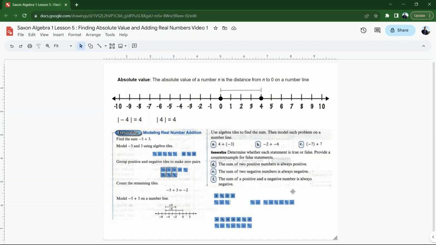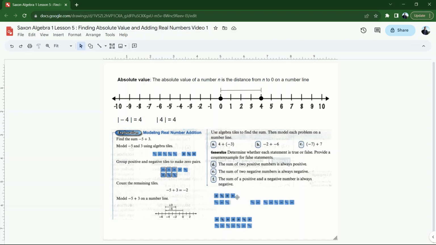The sum of 2 negative numbers is always negative. We have the exact same situation going on as we had here. So these are all negative tiles. Because all I'm counting are negative tiles, 2 negative numbers are always going to add to a negative. That's true. And then lastly, the sum of a positive and a negative is always negative. Well, we had a counterexample right here. Letter A is a counterexample.